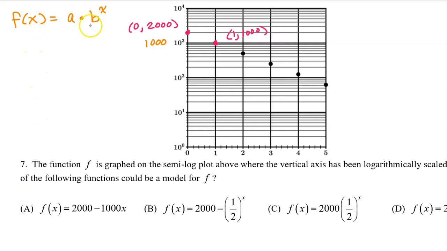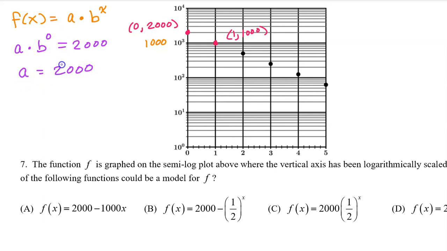An exponential model has the form a times b to the x power. So if we plug in 0 for x, we should get 2000 for the output value. So this model becomes a times b to the 0 power is equal to 2000. b to the 0 power is 1, so this is basically gone, and we have a is equal to 2000.